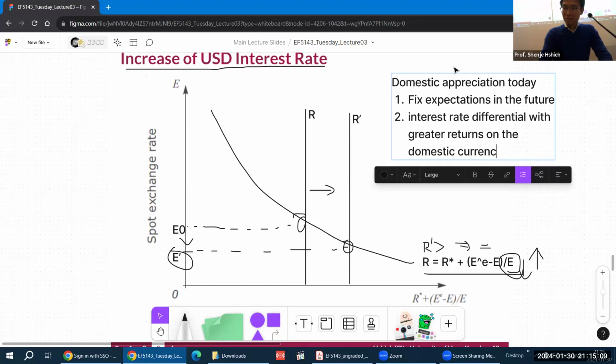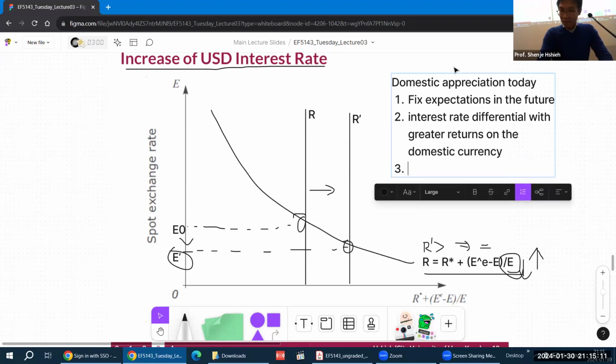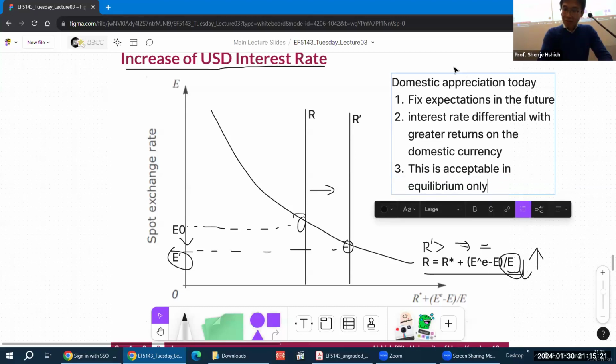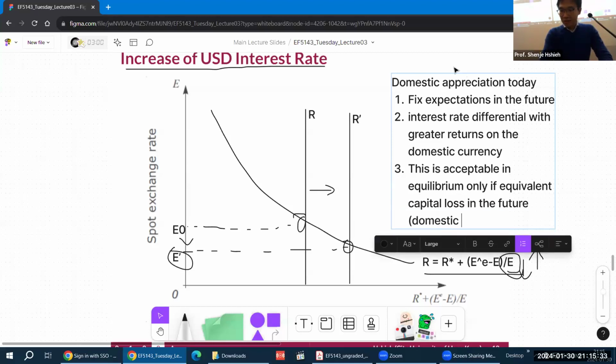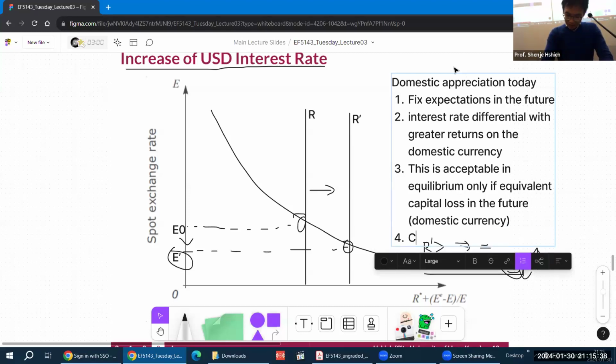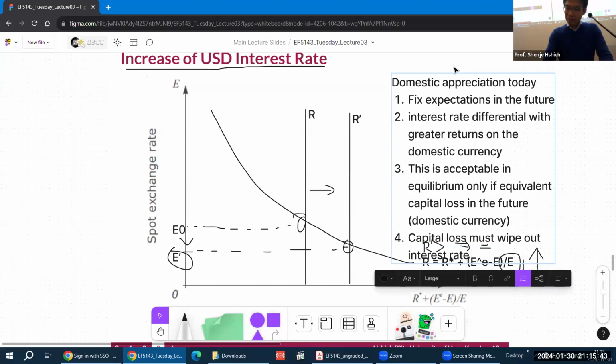So this is acceptable in equilibrium only if there is an equivalent capital loss in the future on the domestic currency. And then realize that capital loss must wipe out the interest rate differential.